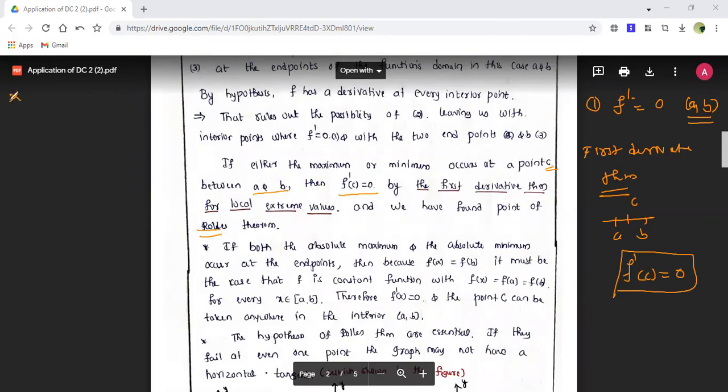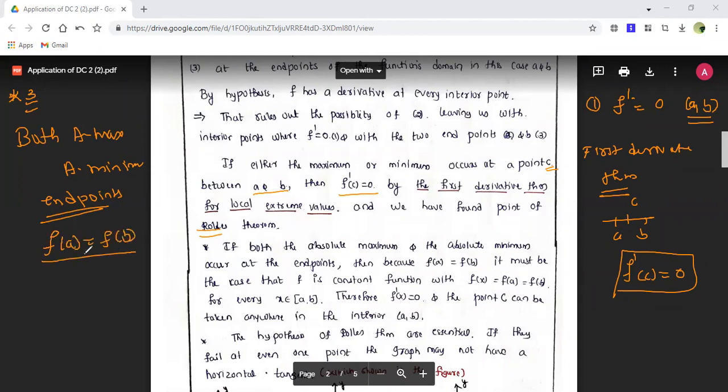What about the third case? The third case says that the absolute maximum and absolute minimum occur at the end points. So let's see how exactly we will prove this also. Now, if both the absolute maximum and absolute minimum occur at the end points, then also, Rolle's theorem gives the condition f of a equal to f of b.